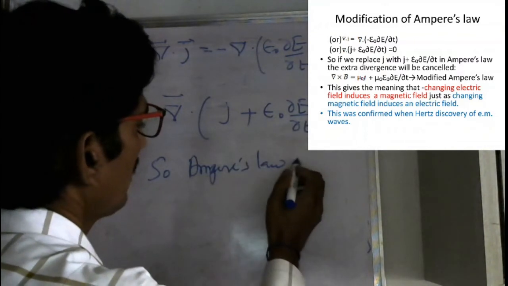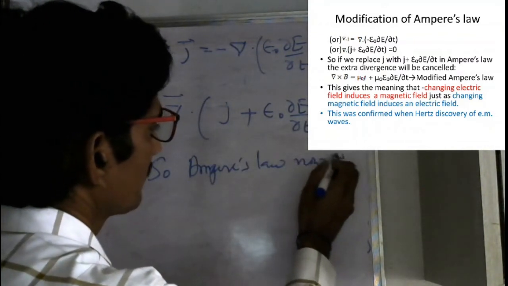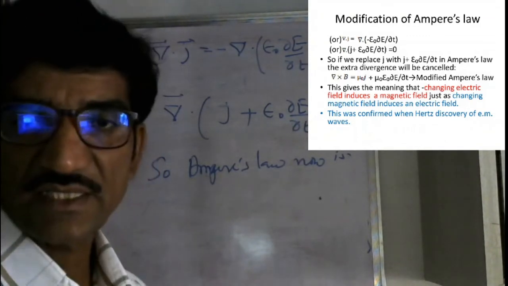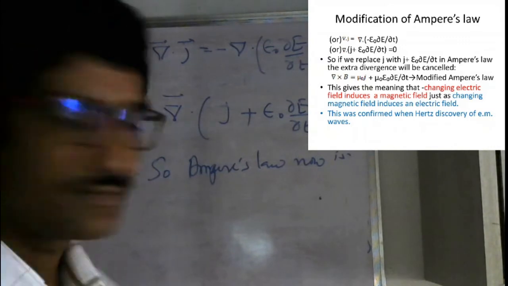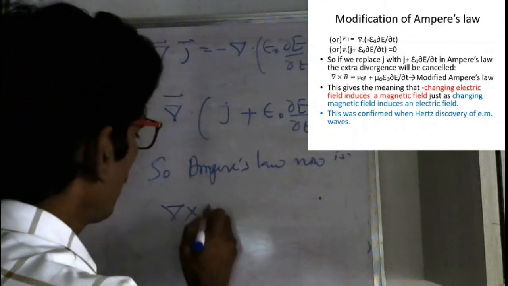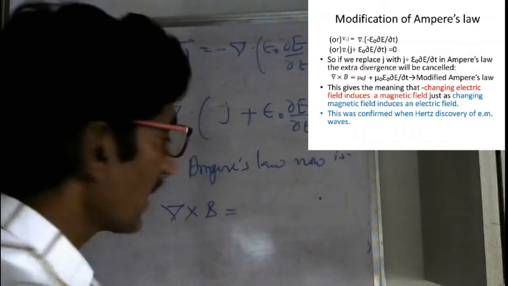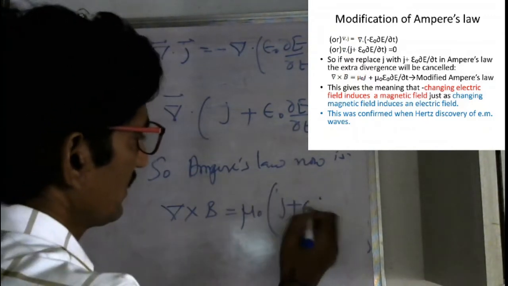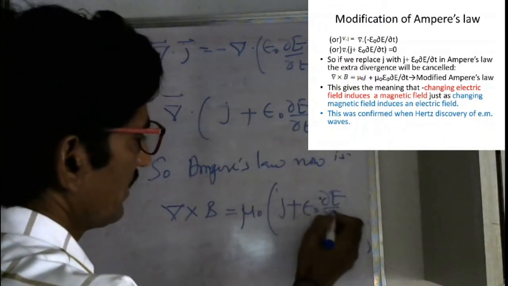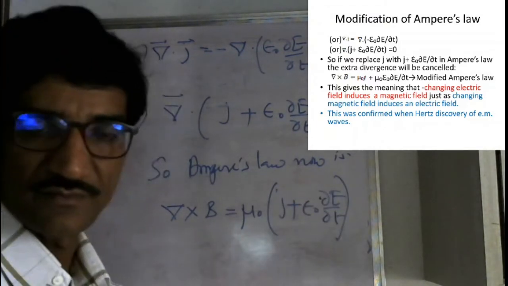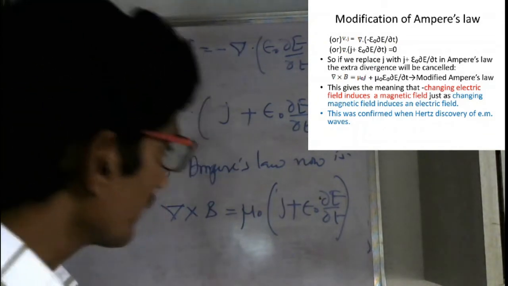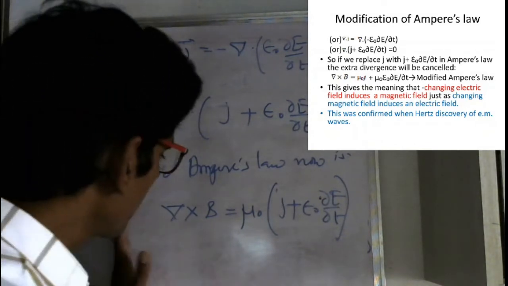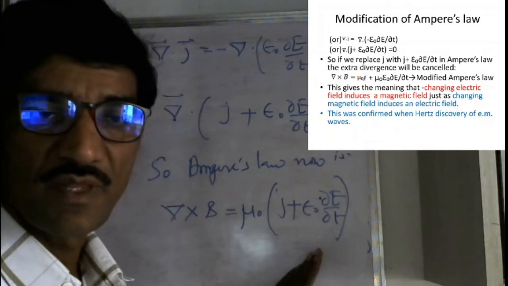Ampere's law now is del cross B is equal to mu naught, and in the place of J, now you have to write J plus epsilon naught dou E by dou t. Now del dot this thing is equal to 0, so your Ampere's law will be in conformity with the continuity equation.